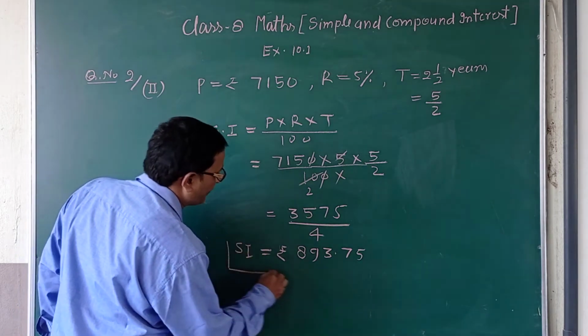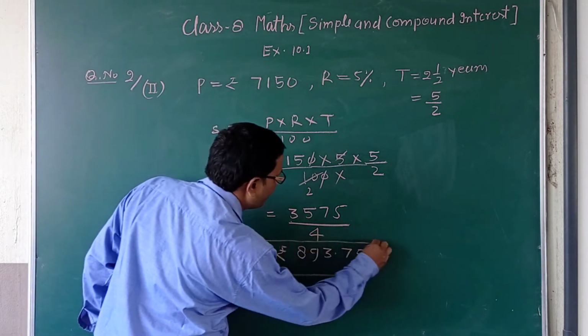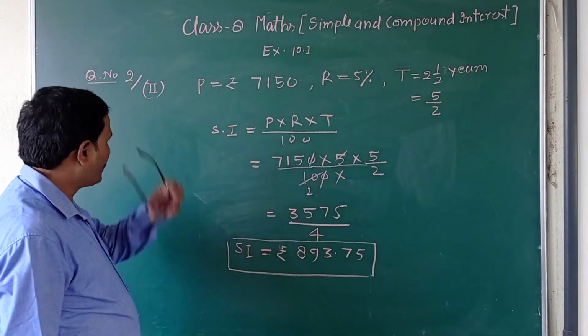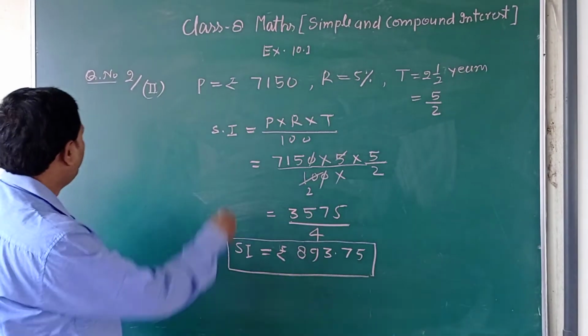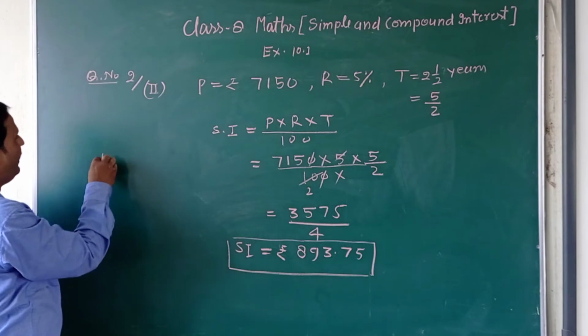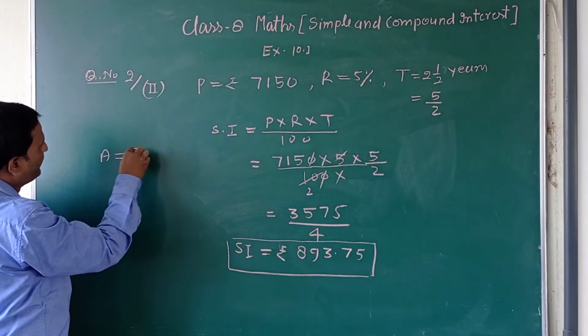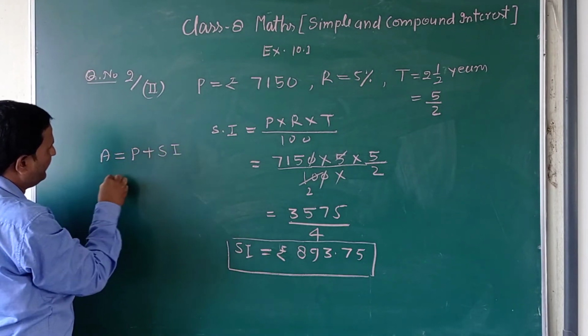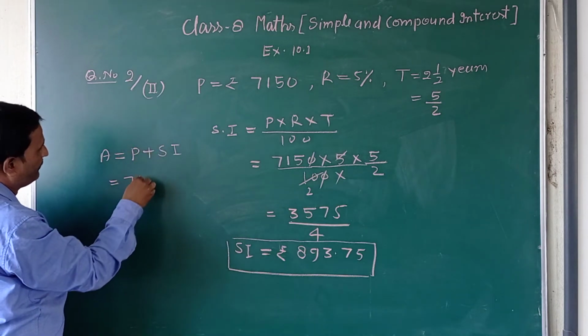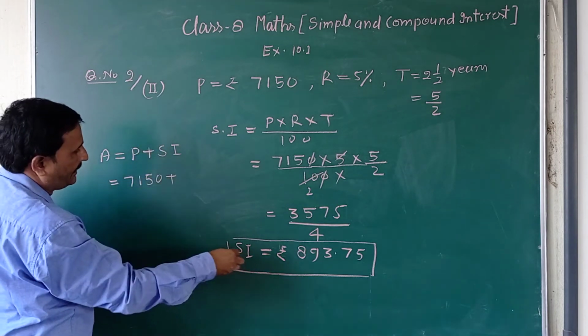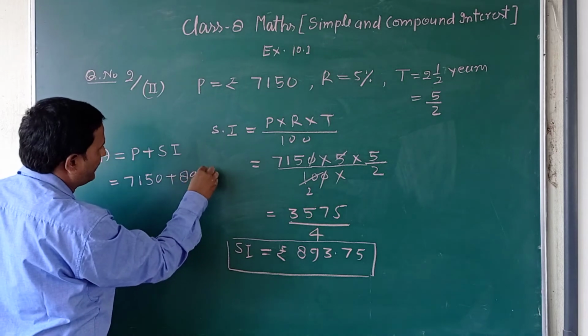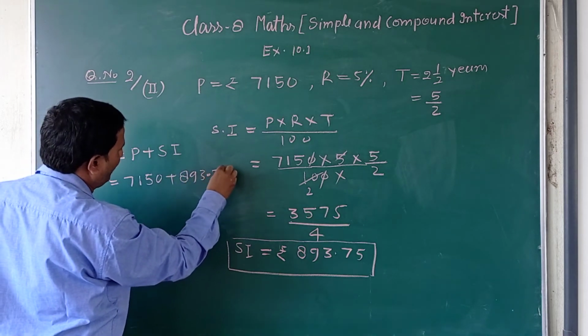But the question is asking to find the amount. Now amount is equal to principal plus SI. Principal is given 7,150 plus SI is 893.75.